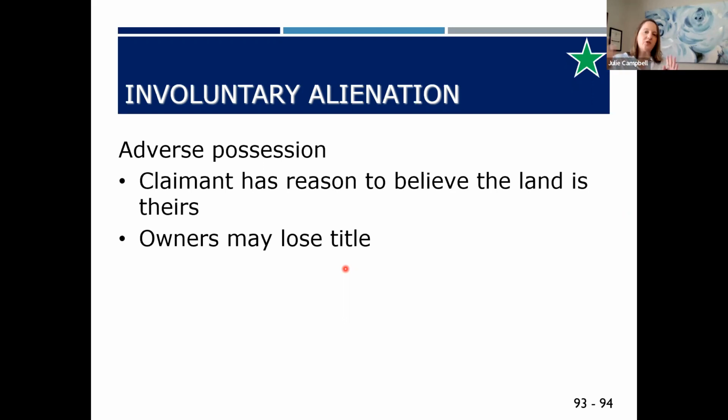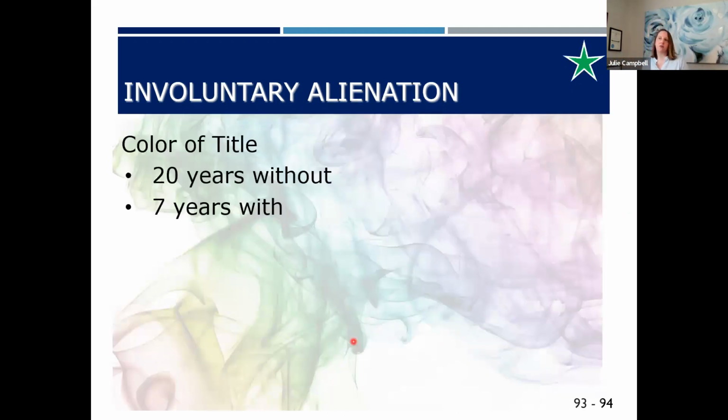So when it comes to adverse possession, when the claimant goes to the judge and says, I want this land because I believe it's mine, one thing the judge is looking for is something called color of title. Color of title is some kind of faulty document or reason to make the claimant think that the land is theirs. If you do not have color of title and you've been using somebody's land for 20 years, the judge may grant you adverse possession.